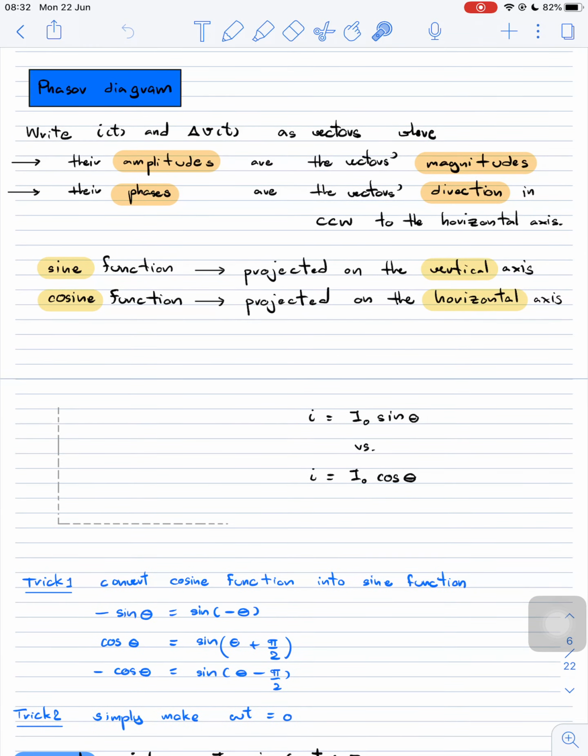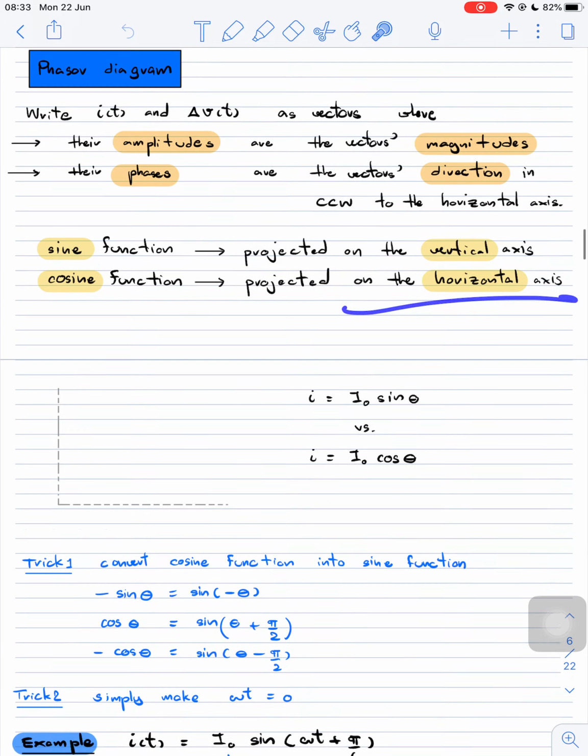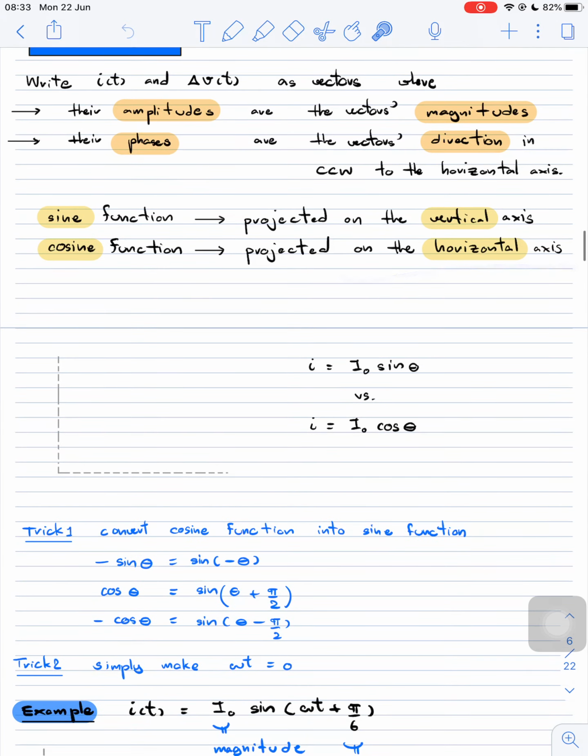And then if we have the sine function, we need to project it on the vertical axis. If we have the cosine function, we need to project it on the horizontal axis. Okay, for example, let's look at this one.